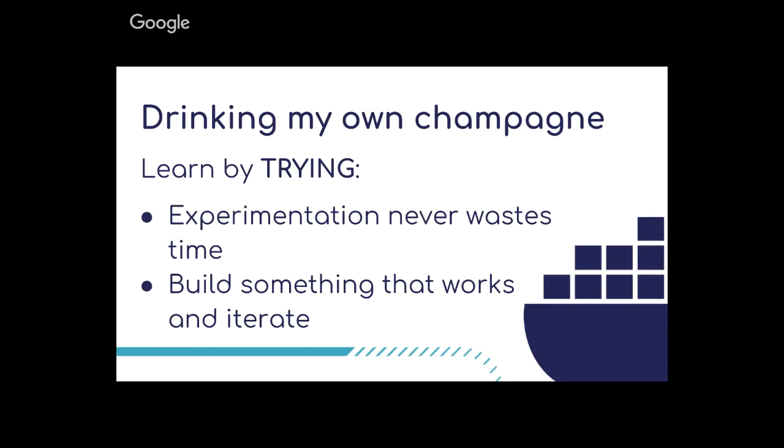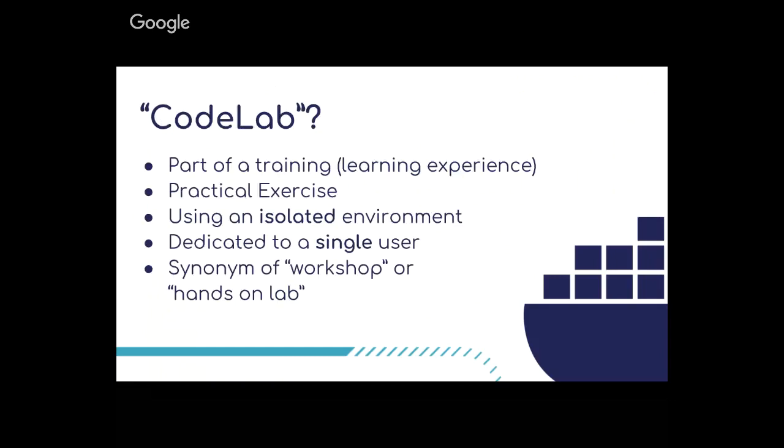Even if you throw everything you have produced in a bin, you still learn something. Secondly, always focus on building something that works and then iterate to make it optimized. That's very important, or you're going to distribute your mind over too many tasks, more than you can handle. So this is the story of the tales of scaling some CodeLabs.